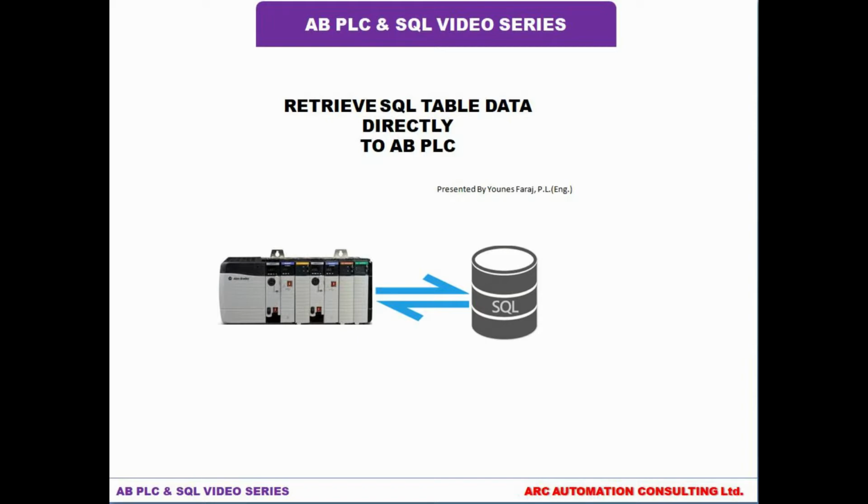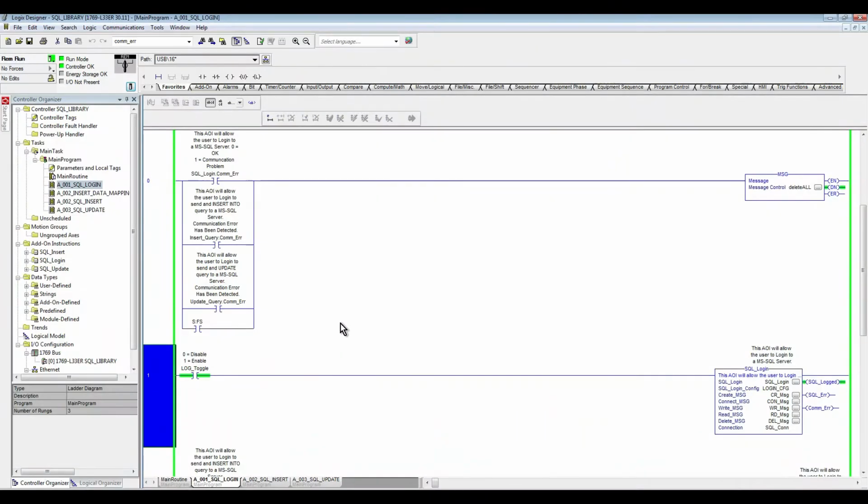So let's start. As you see here, I am already logged in to the SQL with the SQL login. The first thing I'm going to do, as you saw in my previous videos for either the insert or the update, is import the logic that I need to retrieve data from SQL server.